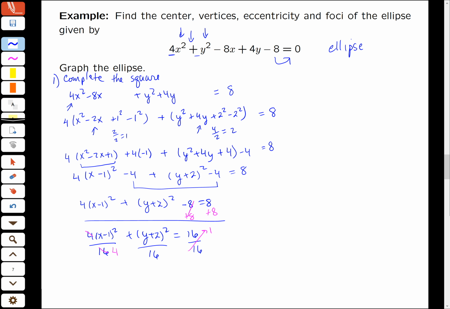So my final form is going to be, I'm going to write the y term first because it has a bigger number in the denominator, and the x term second. So does this open vertically or horizontally? Vertically. A squared is 16. B squared is 4.